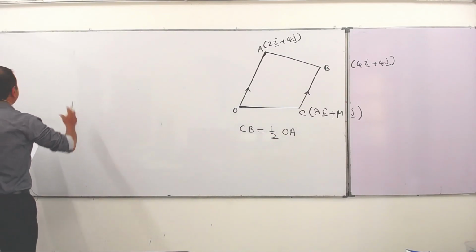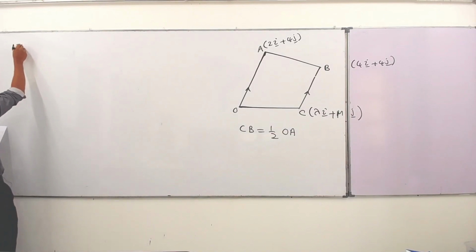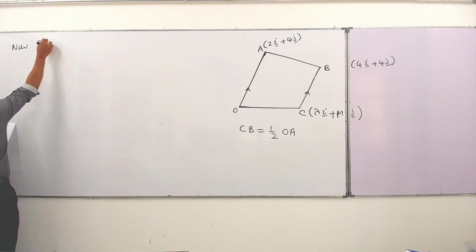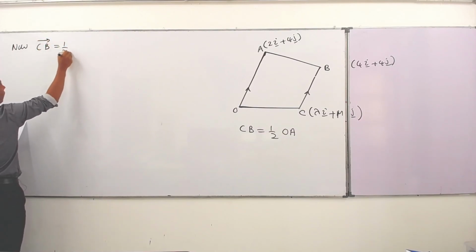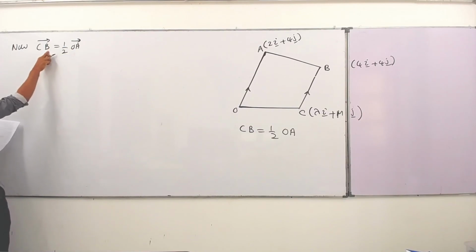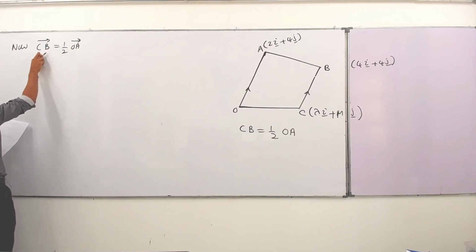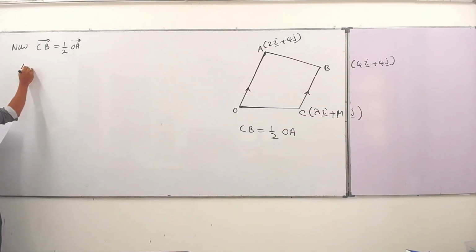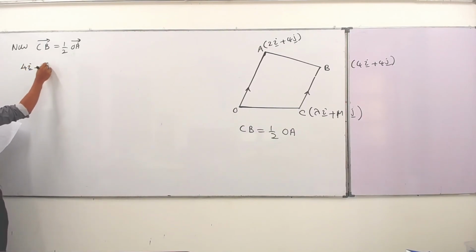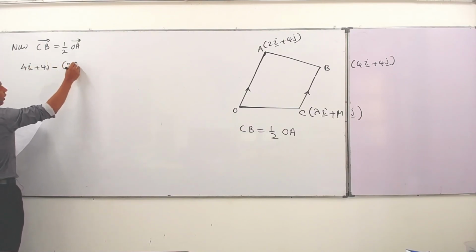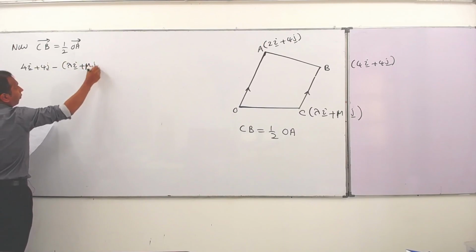Okay, right. Now we can write CB vector is equal to half OA vector. CB vector we can write as position vector of B minus position vector of C. Position vector of B is 4i plus 4j minus position vector of C, lambda i plus mu j.